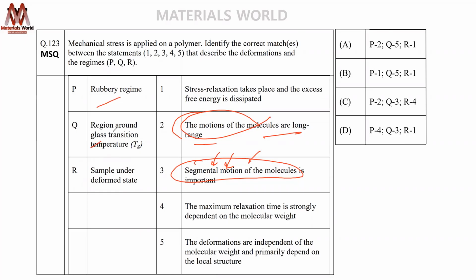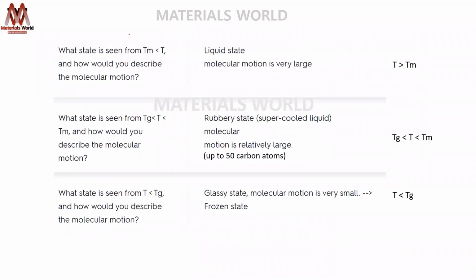And in which region is the deformation or relaxation time molecular weight dependent? If you see, when your temperature is greater than melting, it will be a liquid state, and your molecular motion is very large.